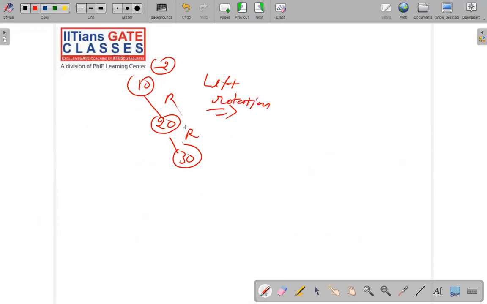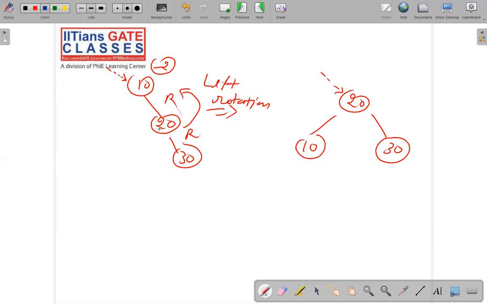What is left rotation? Rotate it like this, so we get 20, 10, and 30. Wherever there was a link here, that link was initially connected to 10. Now the same link is connected to 20.